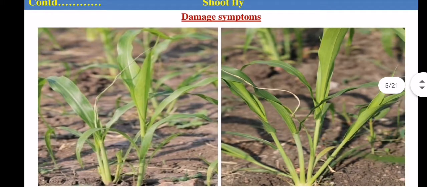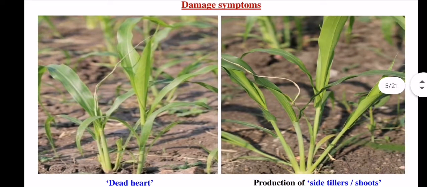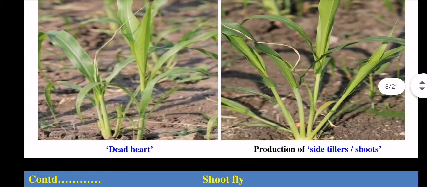These are the pictures of damage symptoms of shoot fly on the sorghum crop. In the first picture, you can observe the dead hearts, and in the second picture you can see the production of side tillers or shoots. If you observe this type of symptoms, then you can easily detect this is severe damage of the shoot fly.